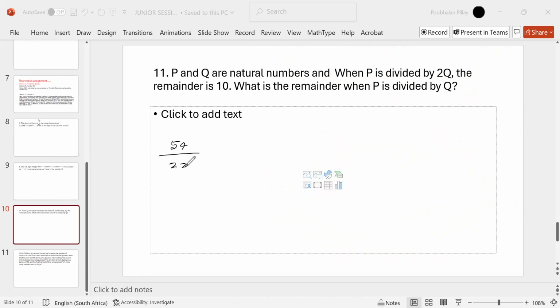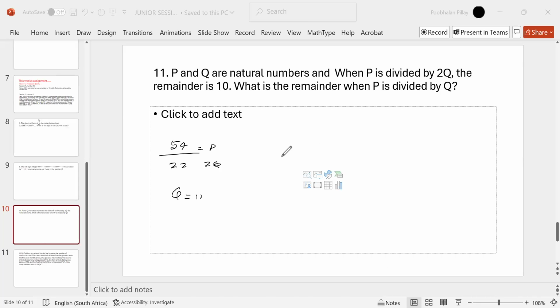So if this is P and Q is 11 now, this becomes 2Q. And this is a situation where when P is divided by 2Q, the remainder is 10. 44 plus 10, right? Now Q is 11.